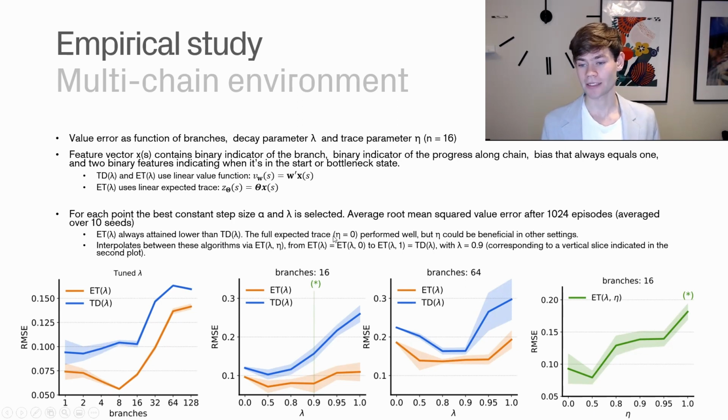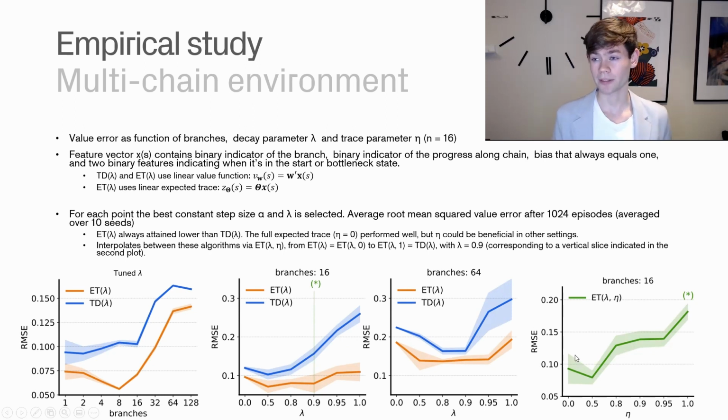And the full expected trace, eta equals 0 here, performed quite well. So we can see basically at 16 branches, here for a lambda parameter of 0.9, they did like the interpolation between the various algorithms that we have. So basically varying eta from 0 to 1. And we can see that in this case, it performs quite well with eta equals 0.